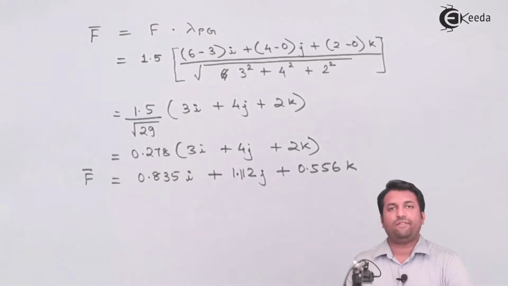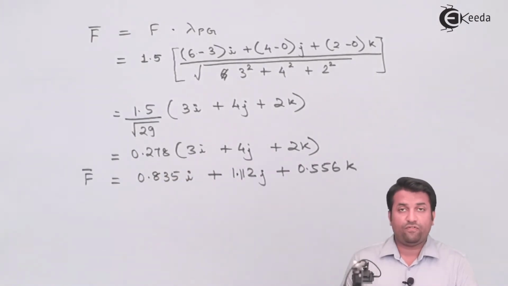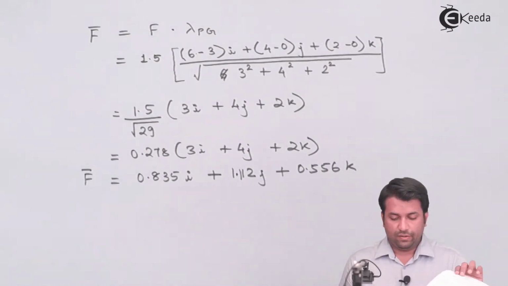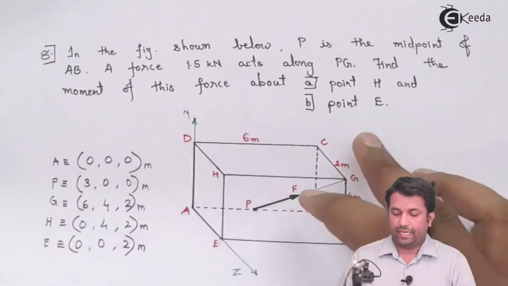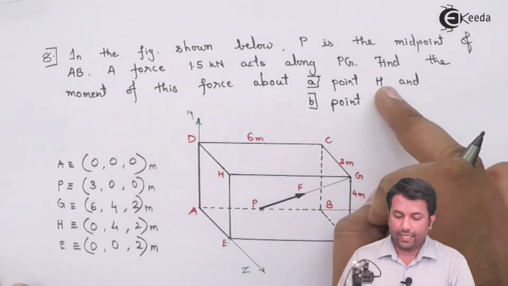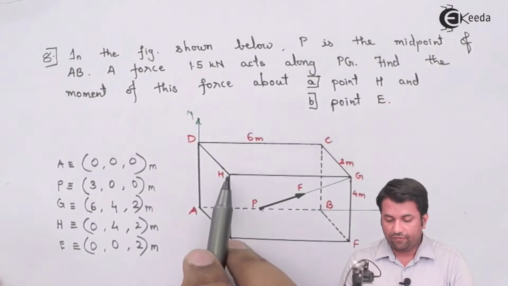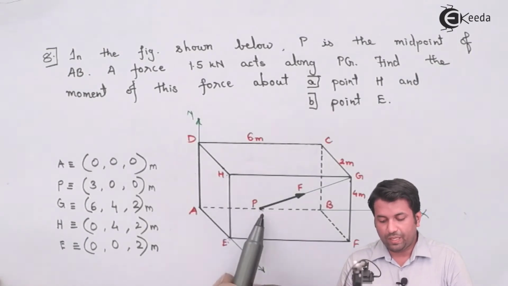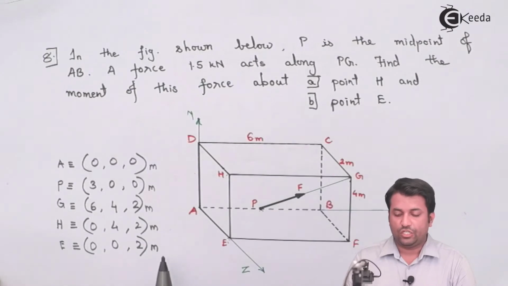Now once I have got the force vector, I need to find out the position vector of point H first, because I need to find out the position vector with respect to H. So HP, or I can take it as HG.